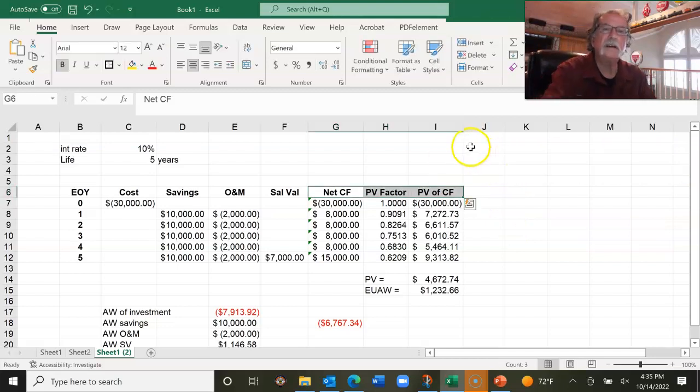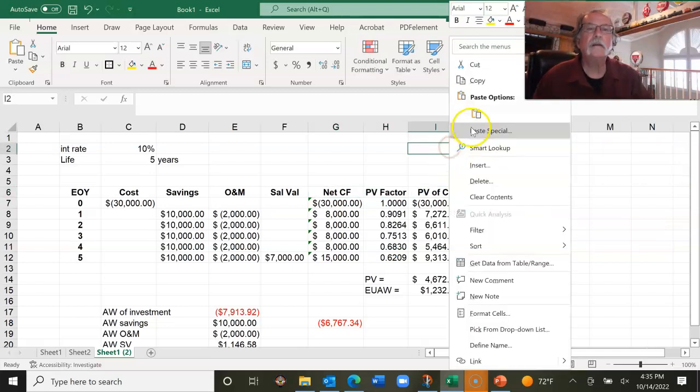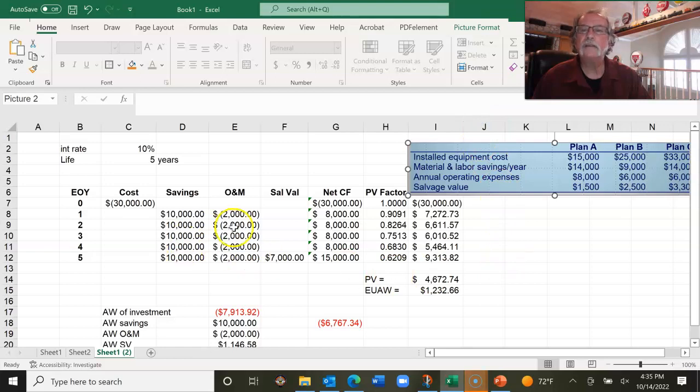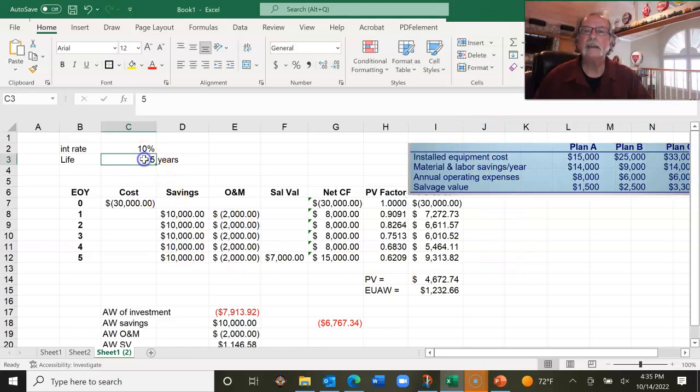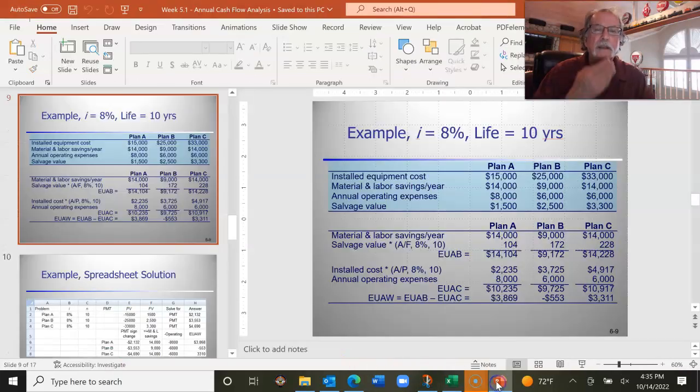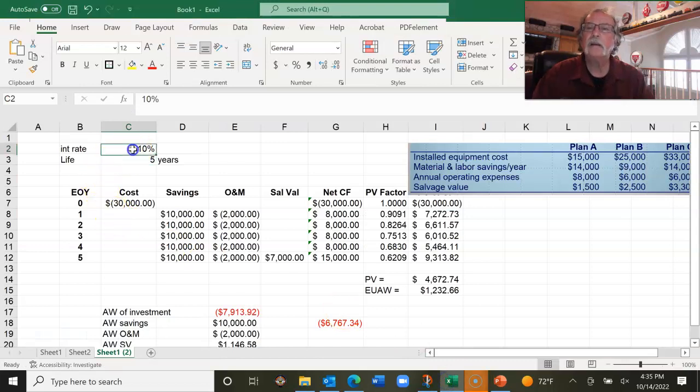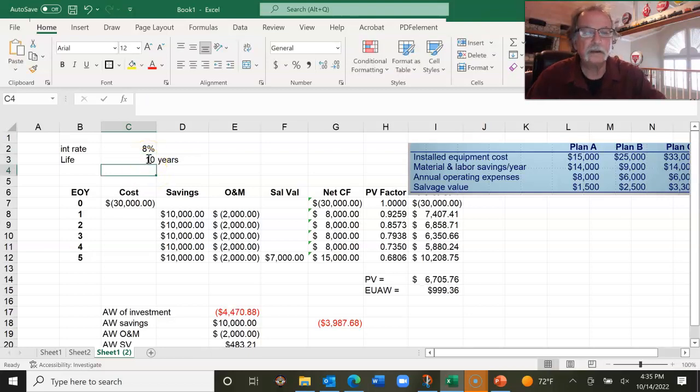And delete this one. And put this one back in. So what we have here is a life of 10 years and interest rate of 8%. These numbers are going to look screwy for a second. Life of 10 years.